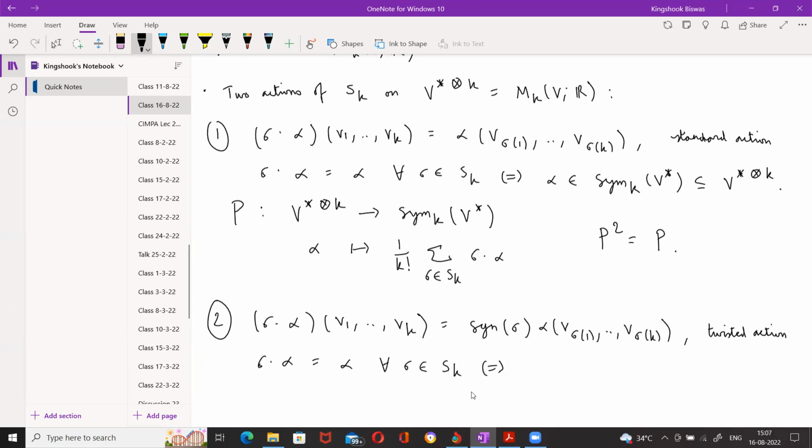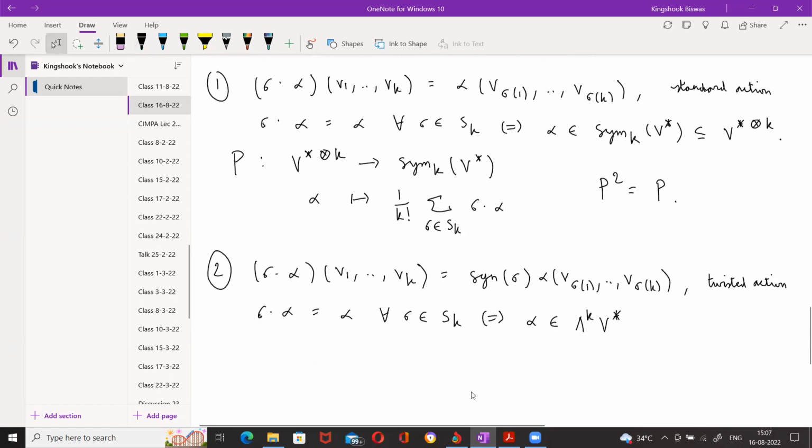Alpha must be an alternating tensor, right? So alpha belongs to wedge k V star. So if I want to construct alternating tensors, then what I should do is just do what I did in the previous example, average, but with respect to the twisted action, not the standard action, right?